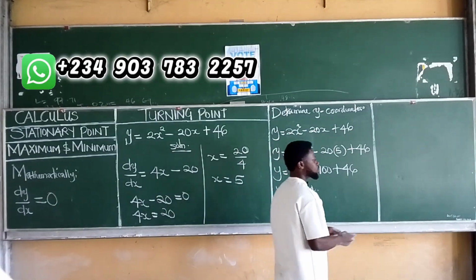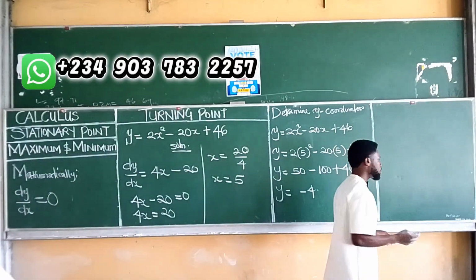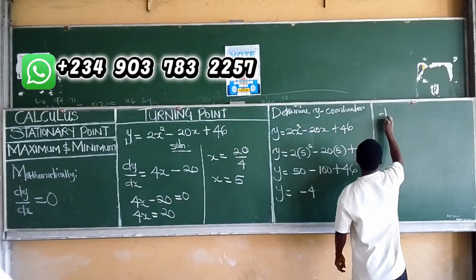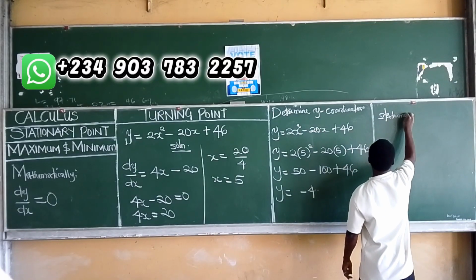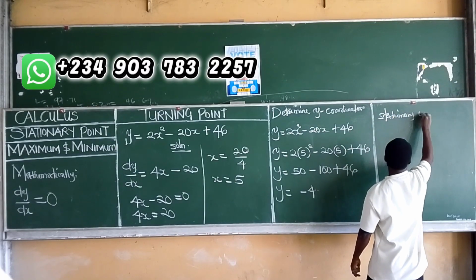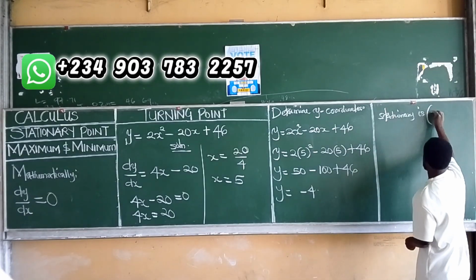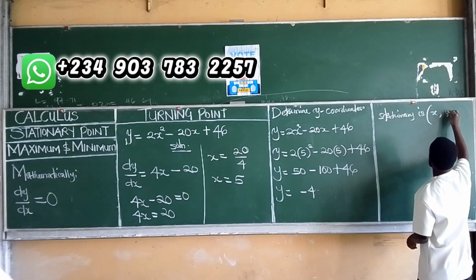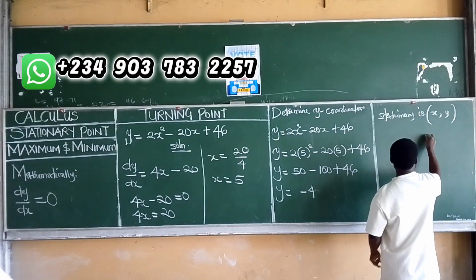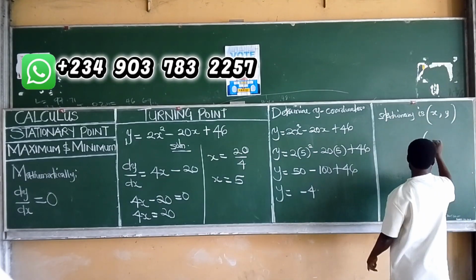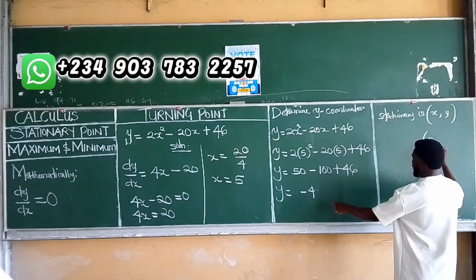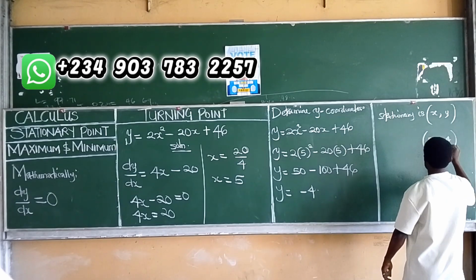Therefore, the stationary point is (x, y), and x is 5, where y is minus 4.